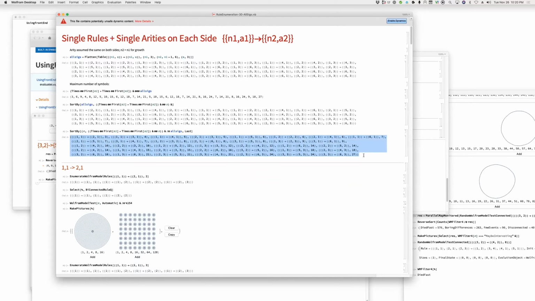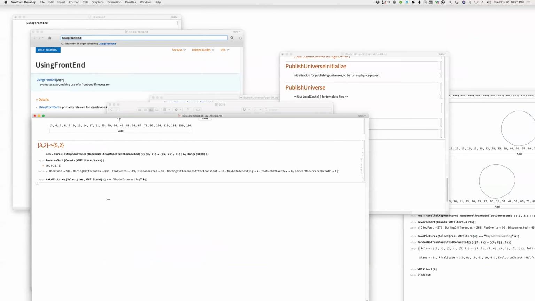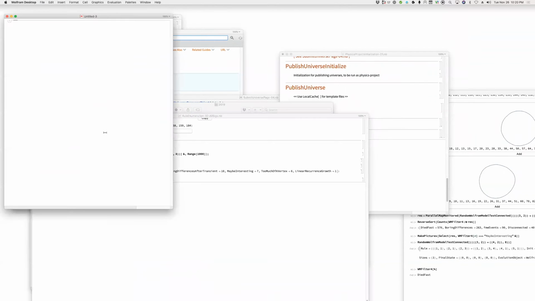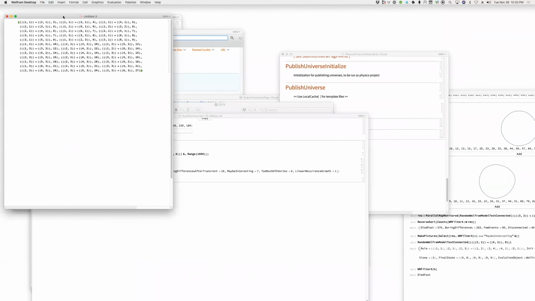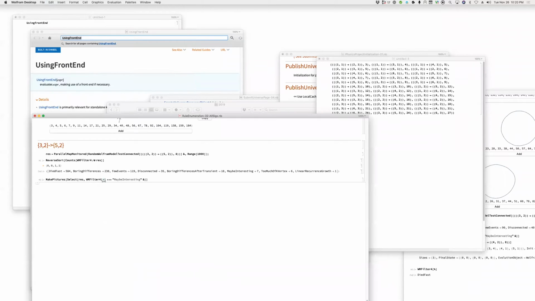Maybe we could just do the next one of these. Where did we get to in that? We were just doing 3-2 goes to 4-2. The next one we have is 1-3 goes to 4-3. We should look at those, but okay, this is out of sequence.